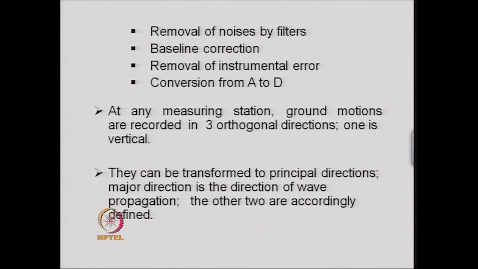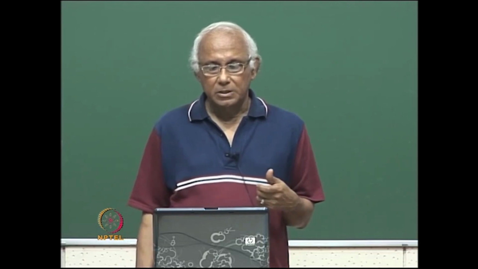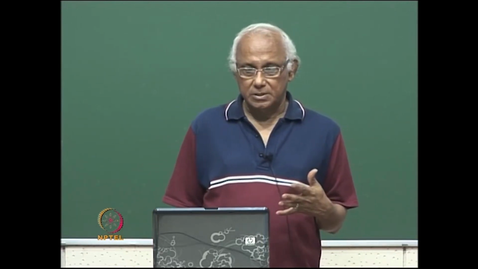At any measuring station, ground motions are recorded in three orthogonal directions. One of them, of course, is vertical. The other two could be the two horizontal earthquake directions. These three earthquake records can be transformed to principal directions.